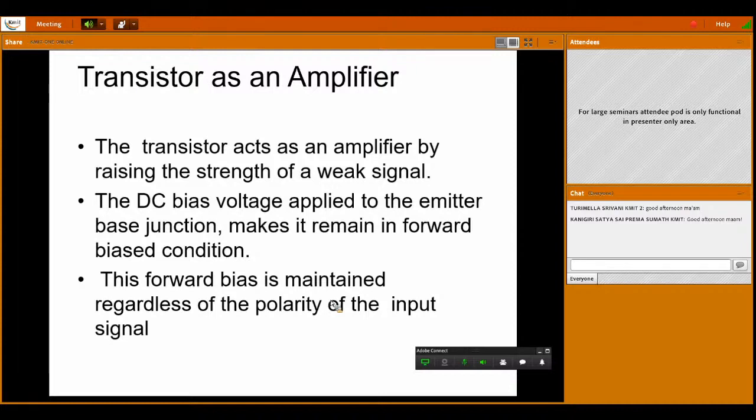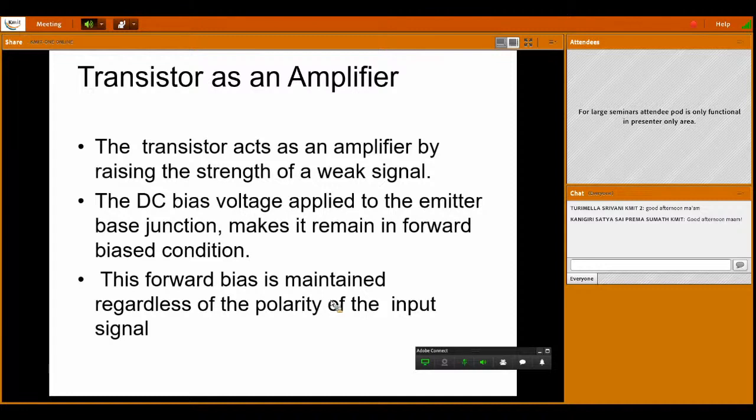If my input AC signal is a weak signal, which cannot produce large fluctuations at the output, then a small input signal will provide small fluctuations in the collector current in comparison to the quiescent values. The amplifier is then called a small signal amplifier or a voltage amplifier.